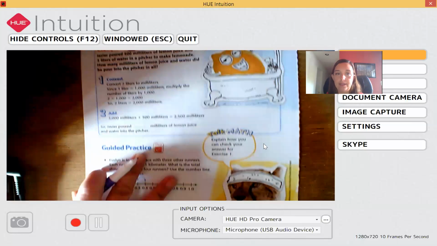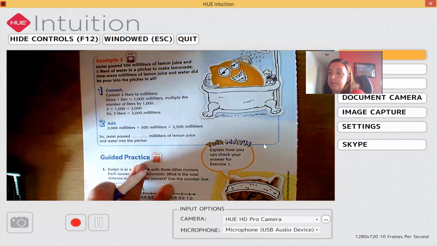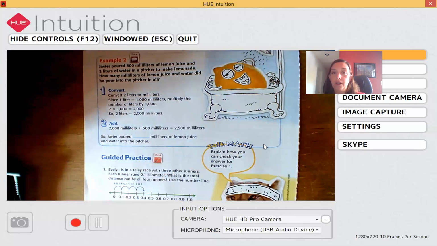Okay. Example 2 says, Javier poured 500 milliliters of lemon juice and 2 liters of water in a pitcher to make lemonade. How many milliliters of lemon juice and water did he pour into the pitcher in all? Okay, so this problem is about lemon juice and water poured into a container to make lemonade, right?